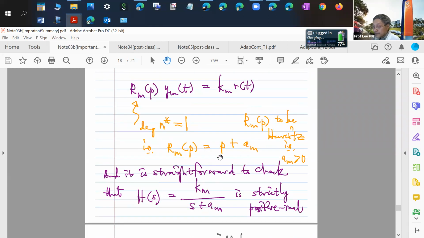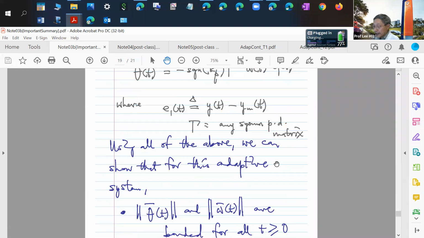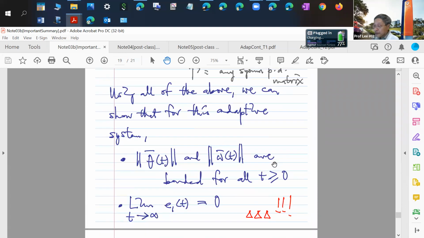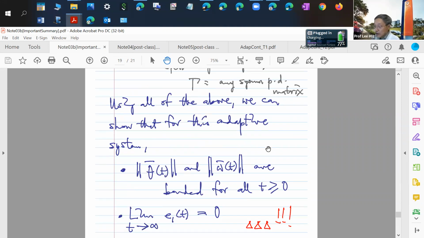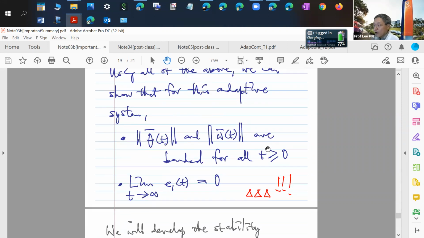Assuming that your system is constrained to be relative degree 1, it turns out that we can prove this very powerful result: if you adapt it in this particular way, then similarly as before, you can guarantee that all the signals in the system are bounded for all time.